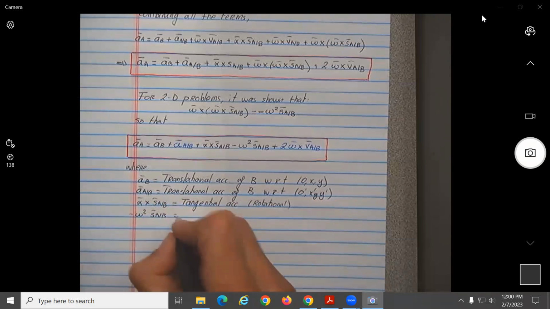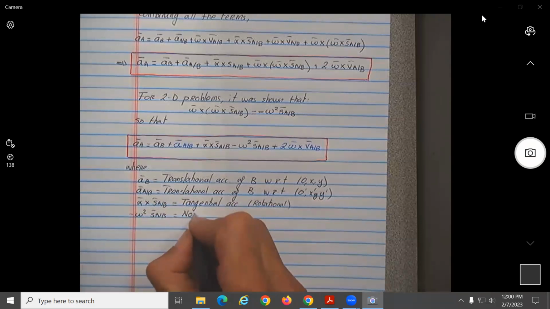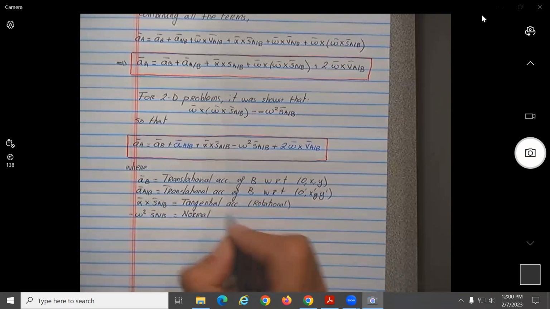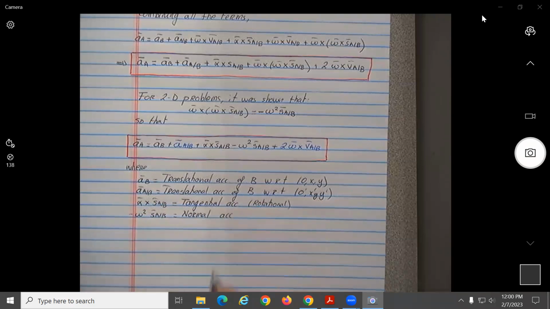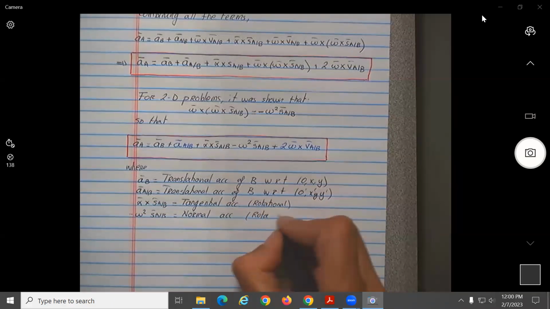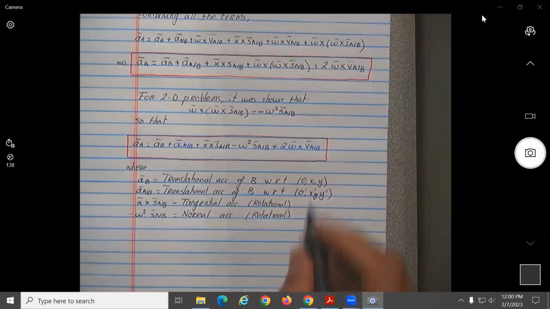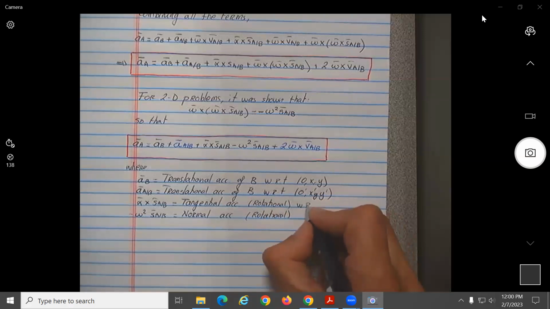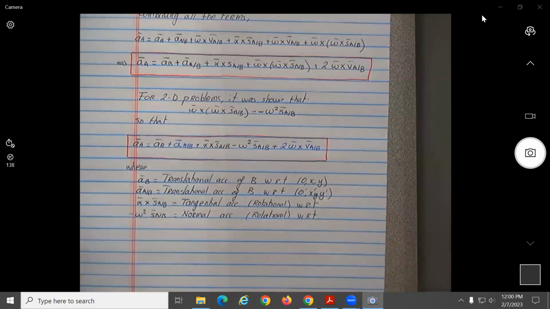The other one is what? You can call it centripetal, but what did I call it in the notes? Normal. Normal acceleration to show that it's pointing normal, or to the center. And this is also rotational acceleration. And these two here, if I want to be accurate, they would be with respect to which reference frame? Think about it for a second.